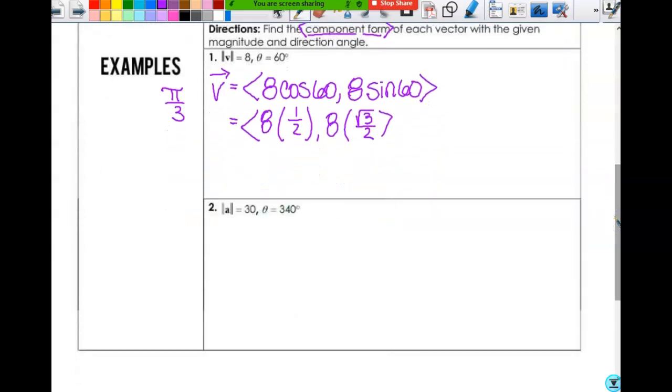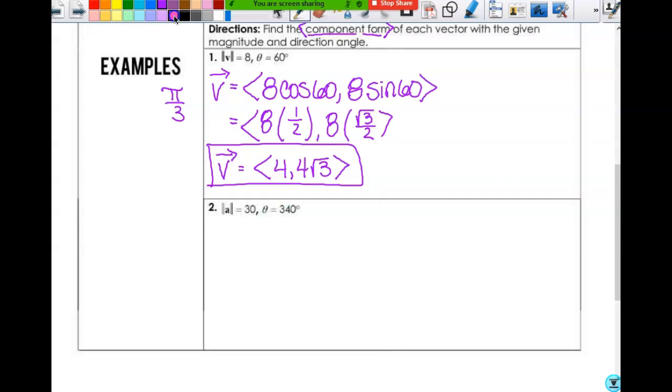So then that means the vector is ⟨4, 4 square root of 3⟩. What questions do we have? We good? All right.